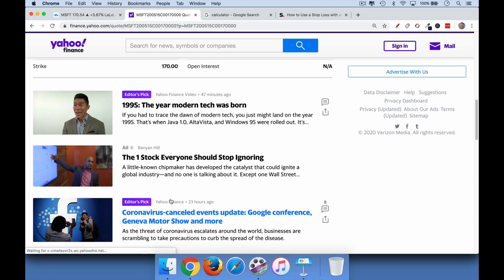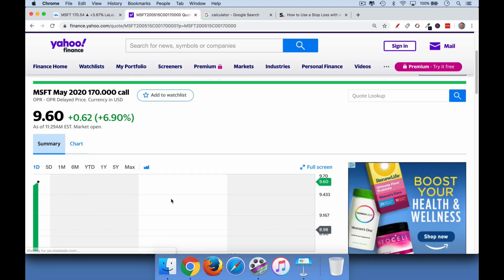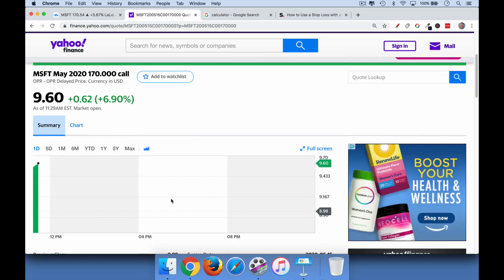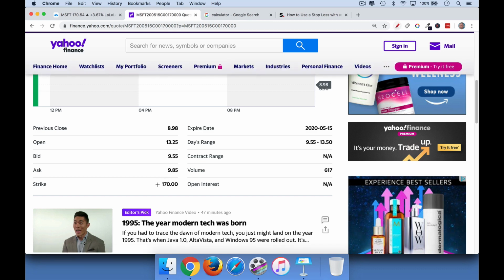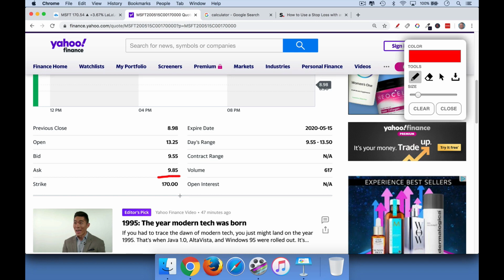Let's just click on these. They're currently bid at 9.55, offered at 9.85. The market's currently closed, but let's pretend the market's still open, and we'll be buying them from the offer.